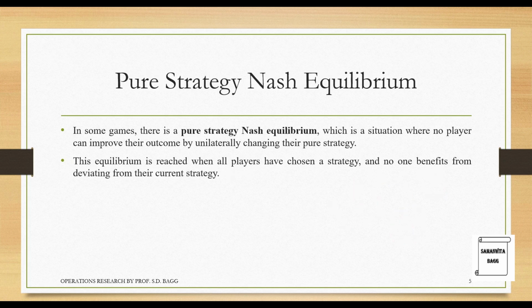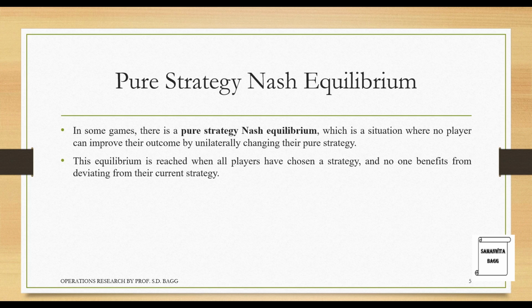Pure strategy Nash equilibrium. In some games there is a pure strategy Nash equilibrium, which is a situation where no player can improve their outcome by unilaterally changing their pure strategy. This equilibrium is reached when all players have chosen a strategy and no one benefits from deviating from their current strategy.